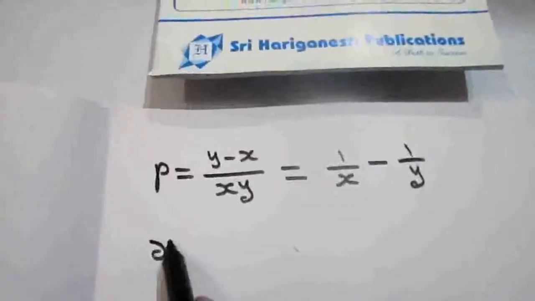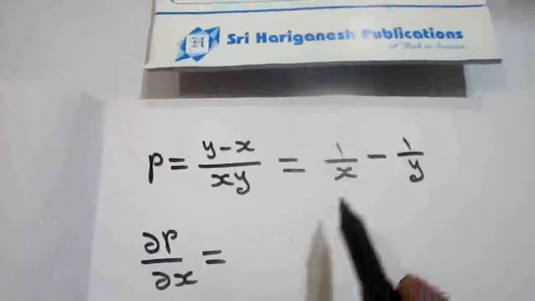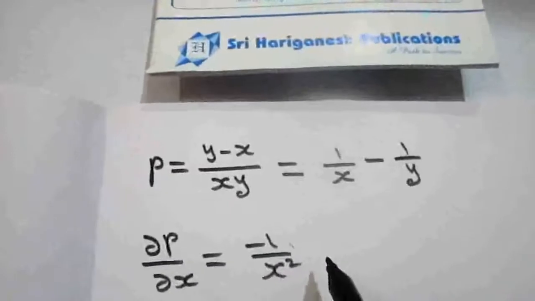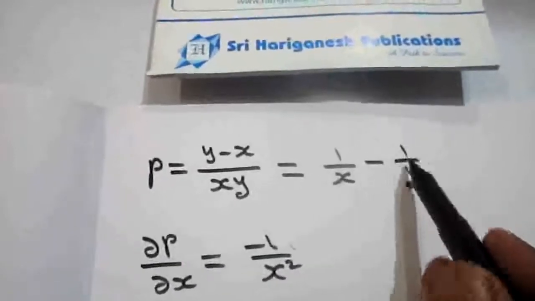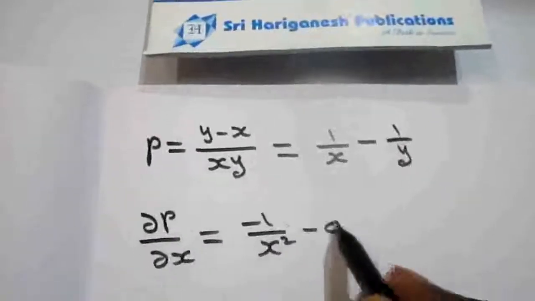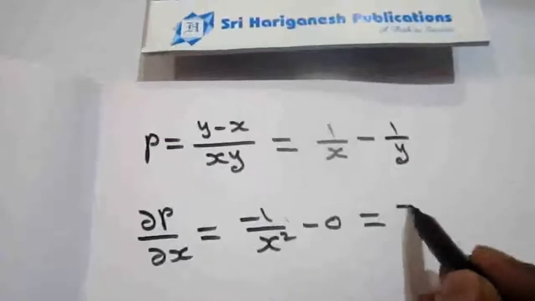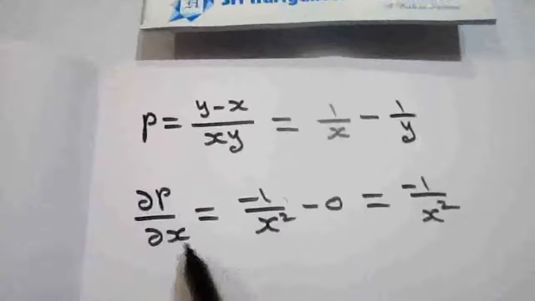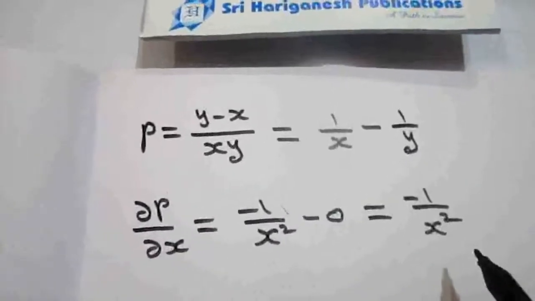So dou p by dou x is equal to 1 by x differential minus 1 by x square. Now with respect to x, 1 by y differential is 0. So dou p by dou x is minus 1 by x square.